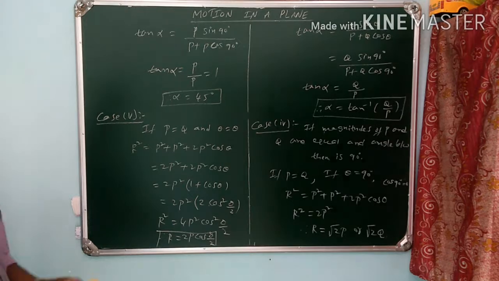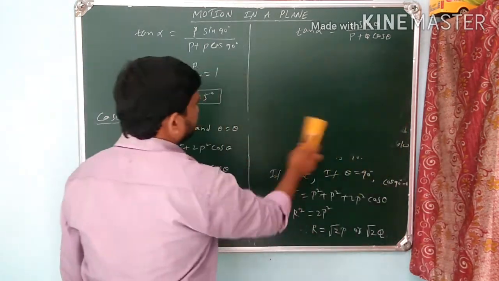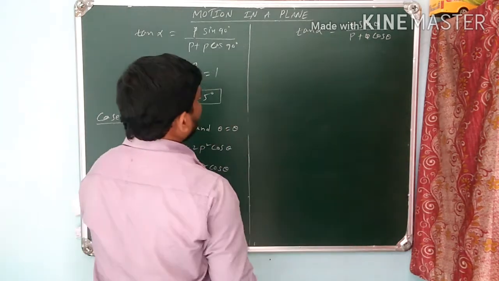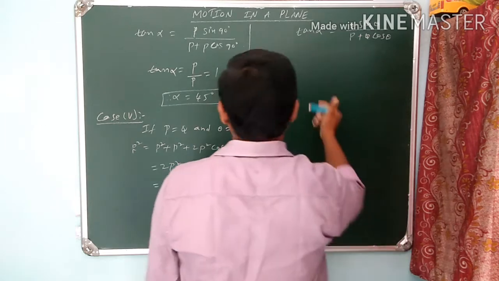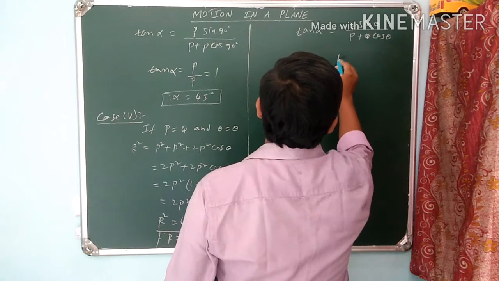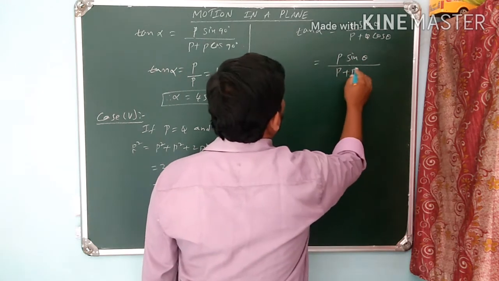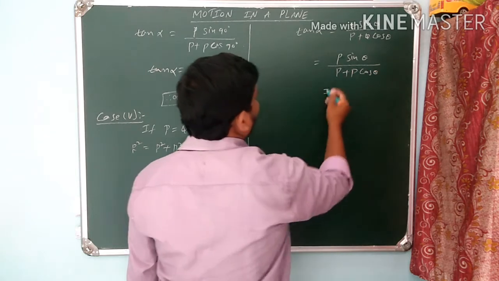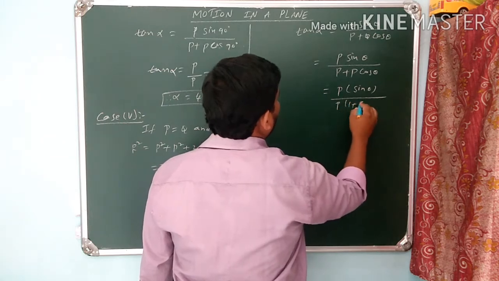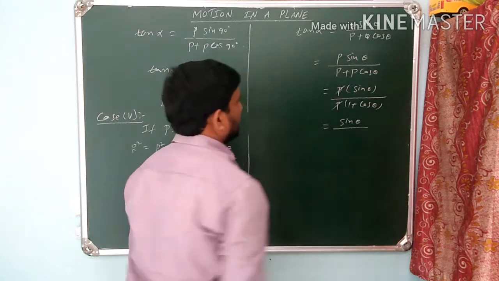This is the resultant. Now when we are writing the direction, tan alpha is Q sin theta by P plus Q cos theta. Therefore in place of Q, P sin theta by P plus P cos theta. Then take P common: P sin theta by P into 1 plus cos theta. P gets cancelled. We are getting sin theta by 1 plus cos theta.